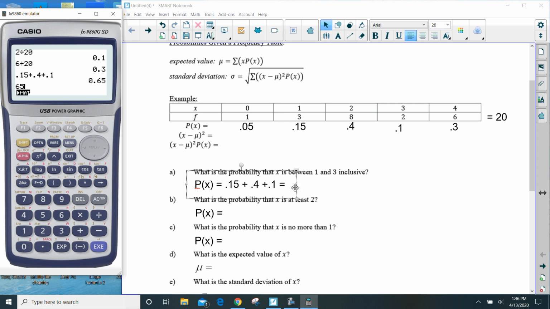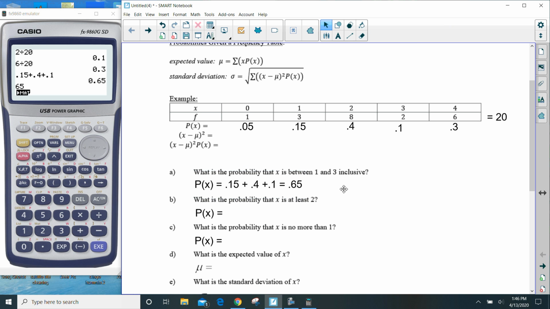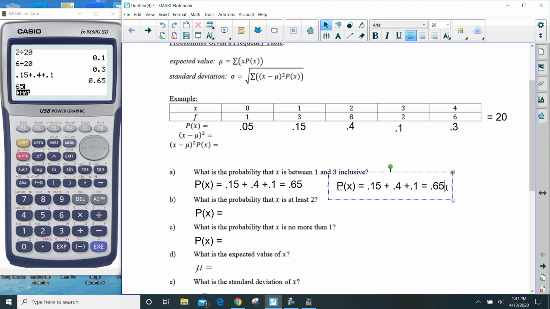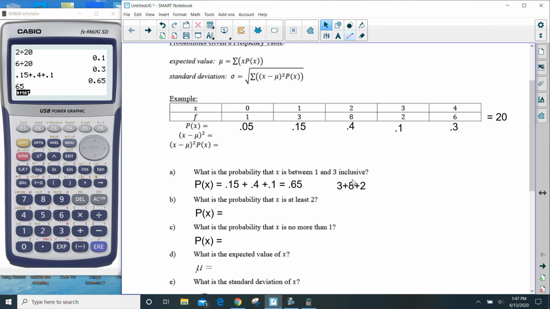Another way you can do this problem is to add up the frequencies. So what is the probability that it's between 1 and 3? Another way to do this is to say that's 3, 8, and 2 out of 20.